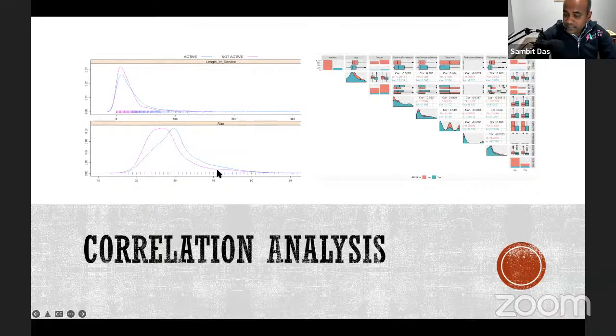I was also looking at the age. In this case, the blue line is the active population, and the pink line is the terminated attrition, where the attrition has happened. We can say that the employees who are active in the company are generally in the 30-year range, and the people who are leaving are also in the 27, 28 years of age range.